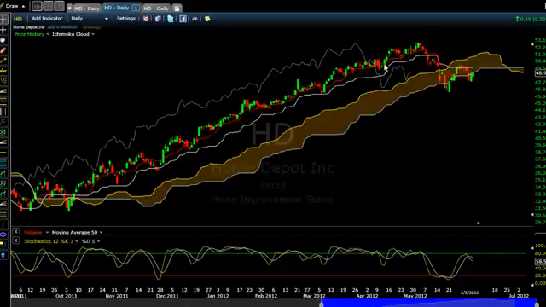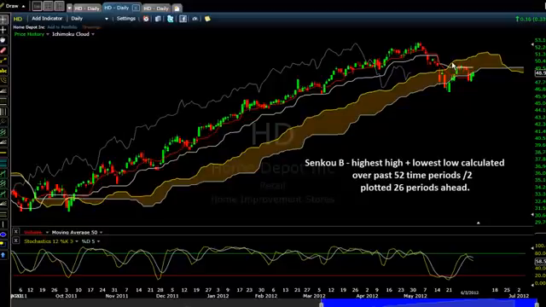So these closing candles here are actually projected 26 periods into the future, and that's where Kumo occurs, 26 periods in front, span A. Span B is the highest high and lowest low calculated over the past 52 candles, divided by 2, and then plotted 26 periods into the future.